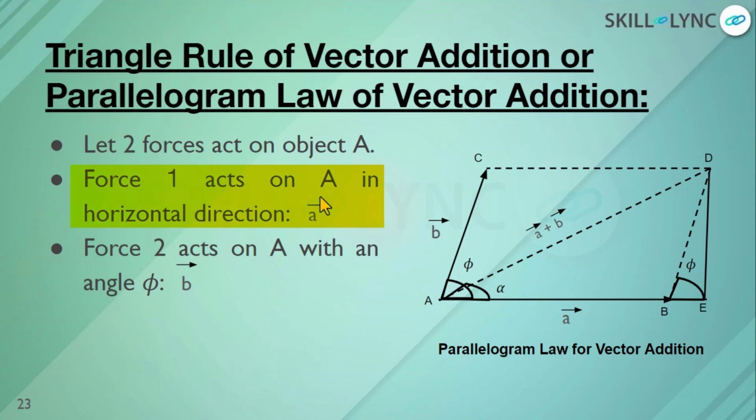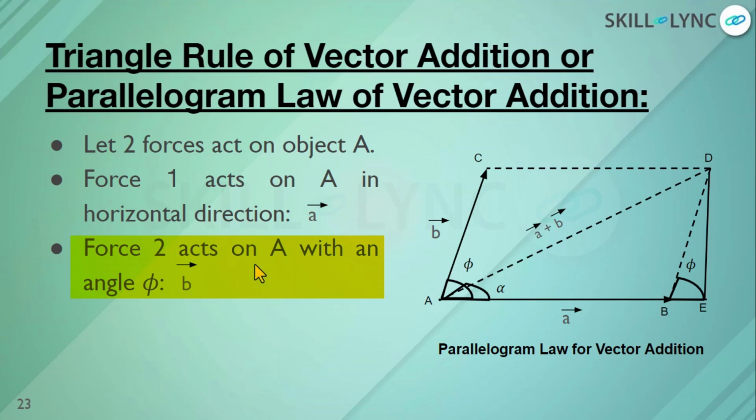Force 1 acts on A in a horizontal direction, called vector A. Similarly, force 2 acts on A at an angle phi, called vector B.